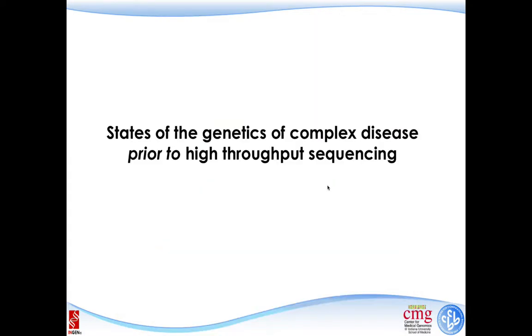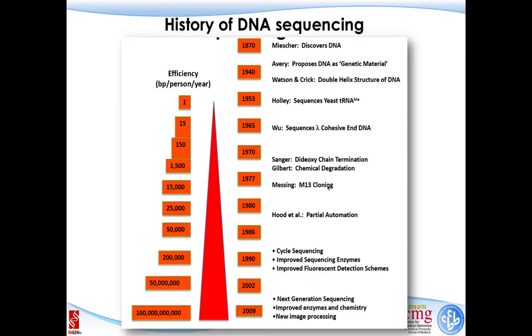So in the next couple of slides, I'm going to talk about the state of the genetics of complex disease before we had next generation sequencing technology. I don't remember whether I've shown this figure or not, but clearly in the 1950s, if we sequenced one base of nucleotide, it would take one person a year to do that.